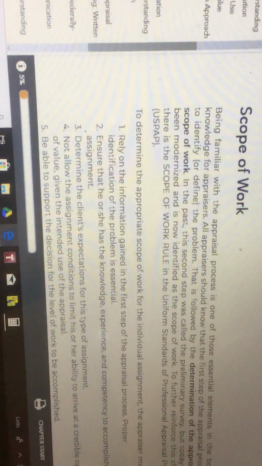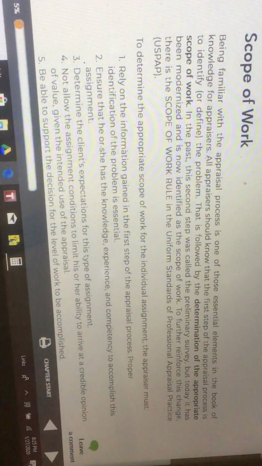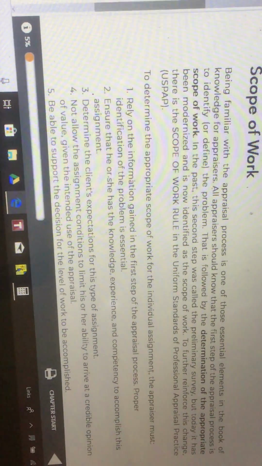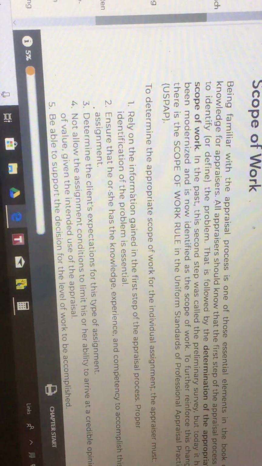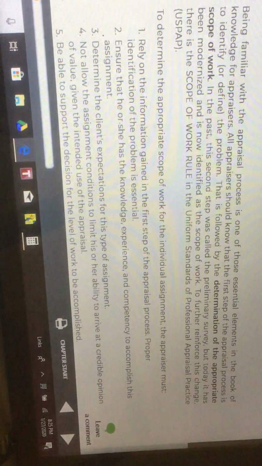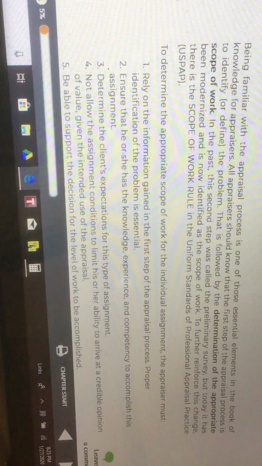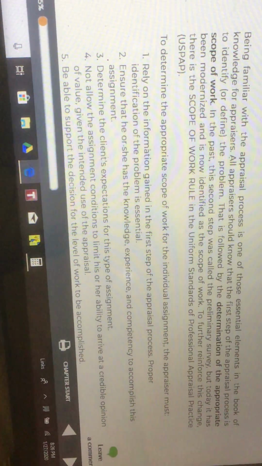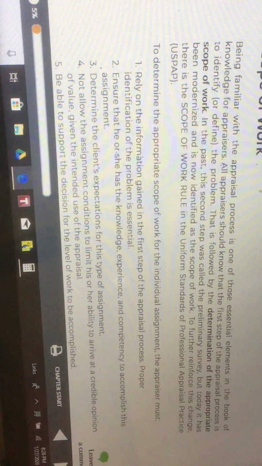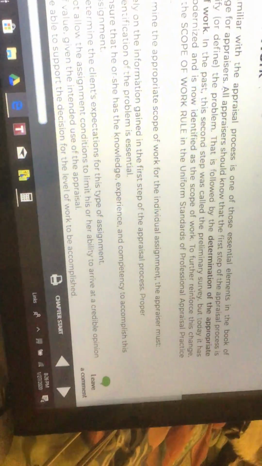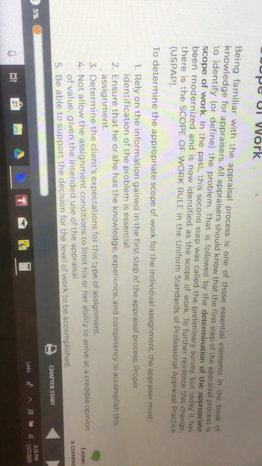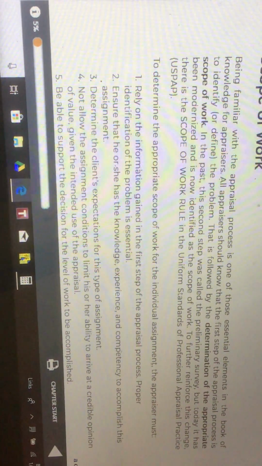To determine the appropriate scope of work for the individual assignment, the appraiser must: 1. Rely on the information gained in the first step of the appraisal process. Proper identification of the problem is essential. 2. Ensure that he or she has the knowledge, experience, and competency to accomplish this assignment. 3.